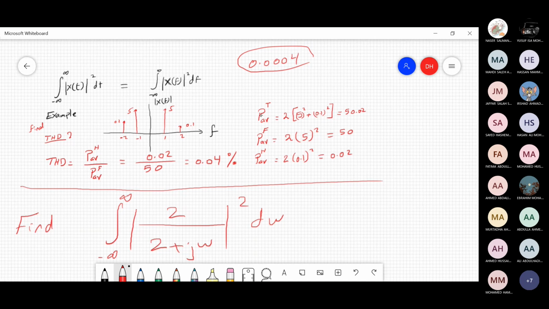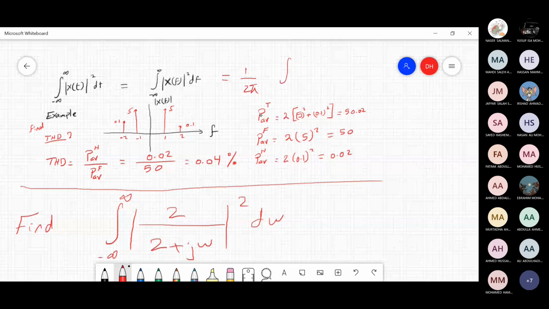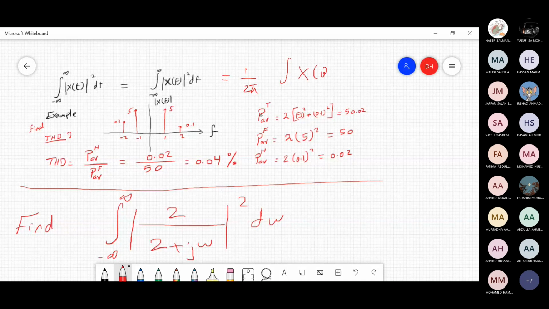And as we say, this is also equal to 1 over 2 pi integration of X of omega squared d omega from minus infinity to plus infinity.